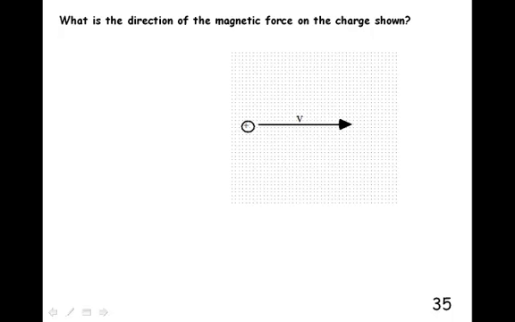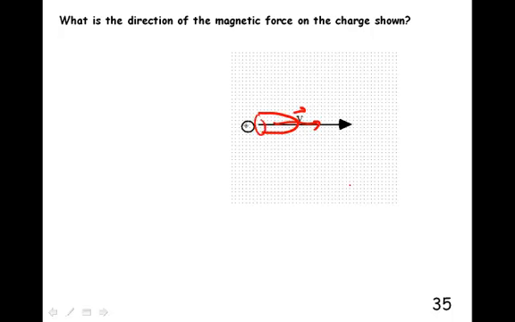What would the direction of the magnetic force on this charge be if it was moving in a magnetic field that is portrayed by these dots? Press pause and think about that. Okay, what you should have come up with is you put your thumb in the direction of the velocity.